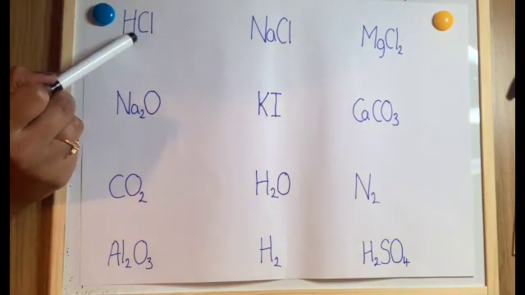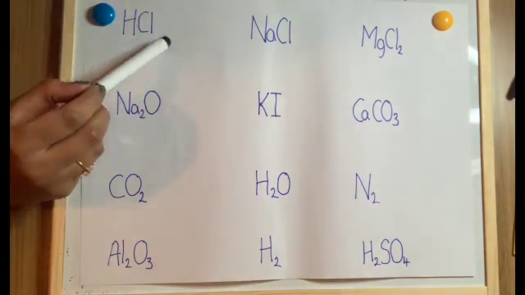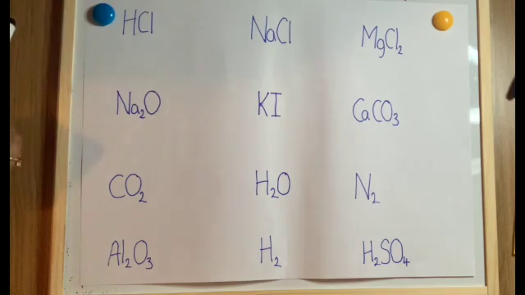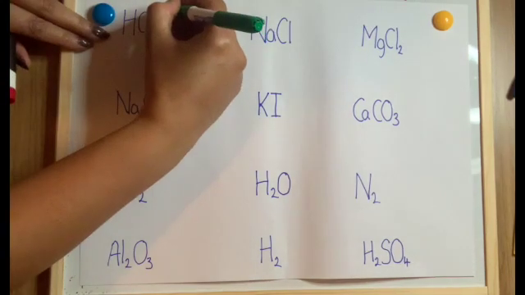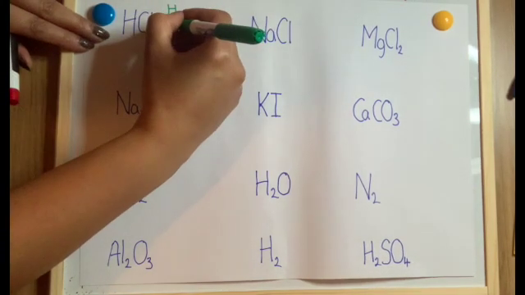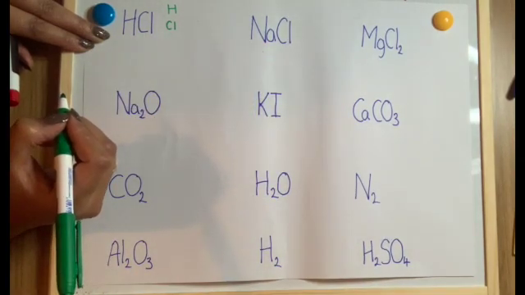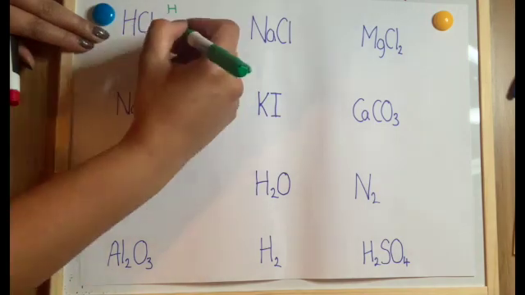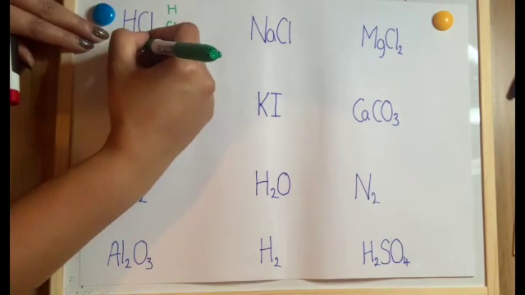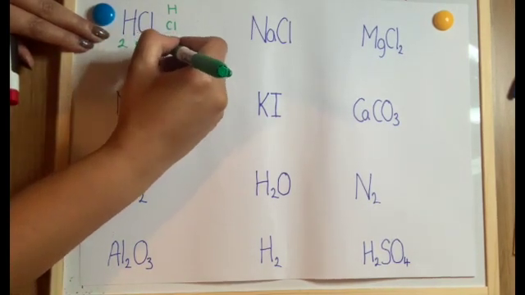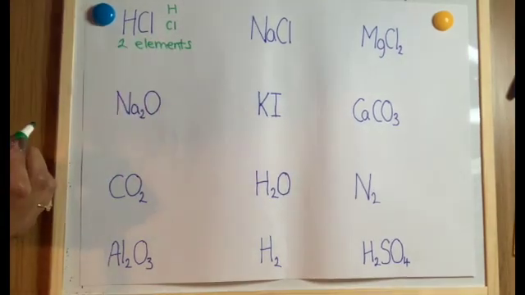So we have two elements in this first molecule here. H is one element, Cl is my second element. So that means altogether I have two elements which make up my HCl.